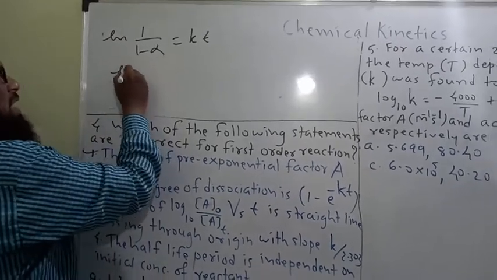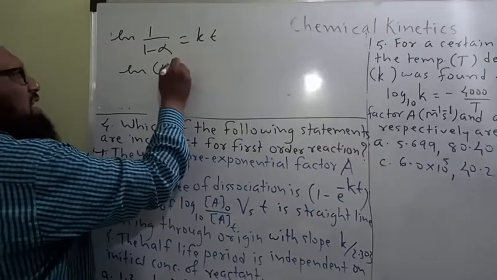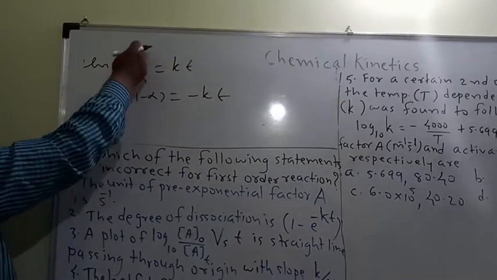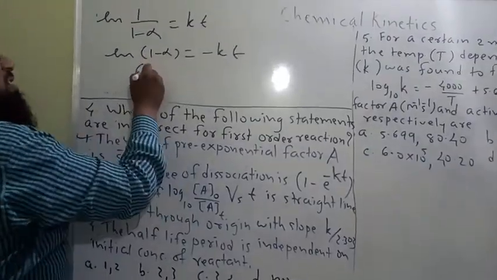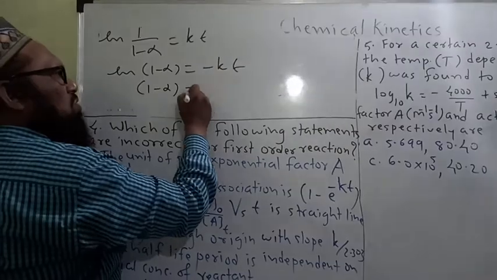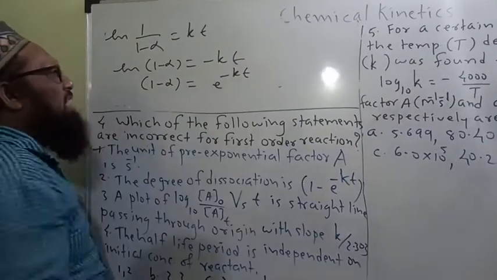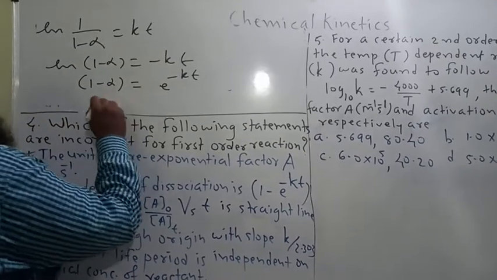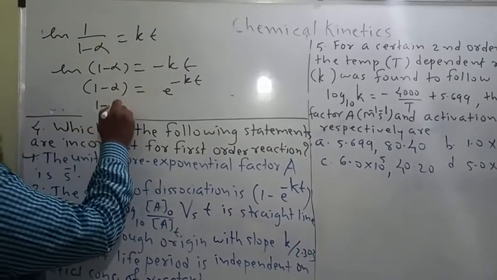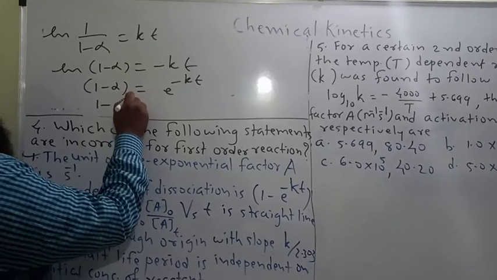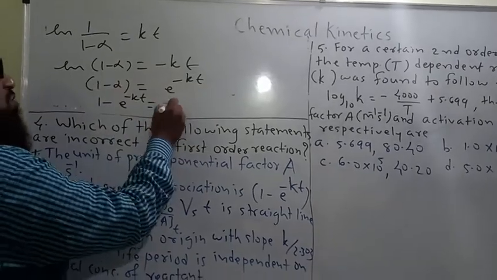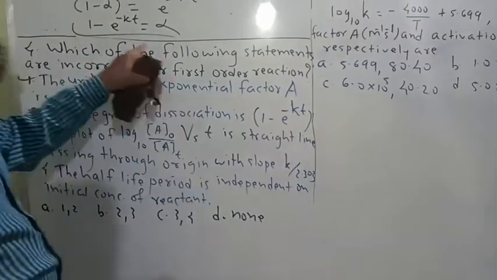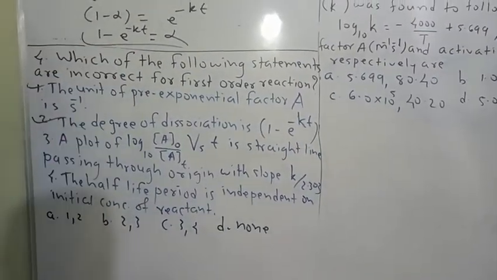Let us write here ln of 1 minus alpha is equal to minus kt. Numerator, denominator, denominator, numerator, sign changes. Then 1 minus alpha is equal to e raised to minus kt. Remember, this is the log to the base e. Then what we will get here? 1 minus e raised to minus kt is equal to alpha. Alpha is equal to 1 minus e raised to minus kt. This is again the correct one.